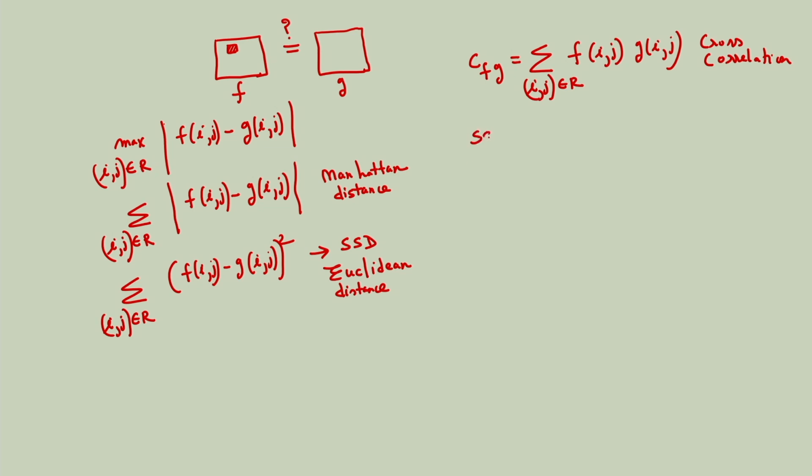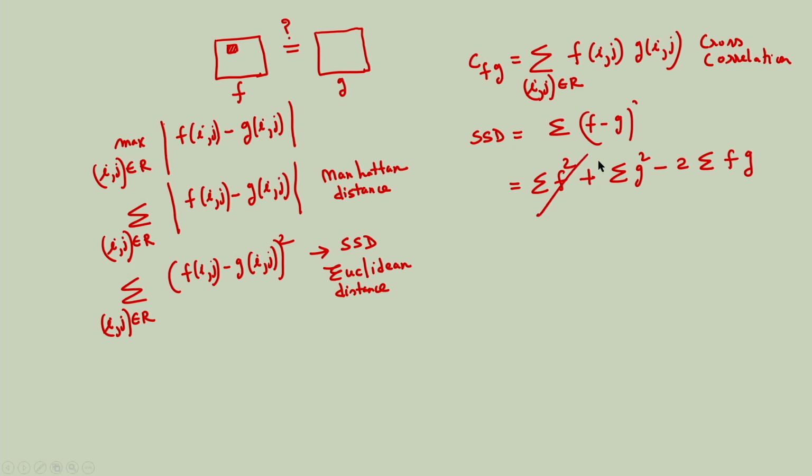Suppose, what is SSD? SSD is nothing but the summation of F minus G whole square. So, I can write like this simple expression: F square plus G square minus twice F G. In this case this is constant.